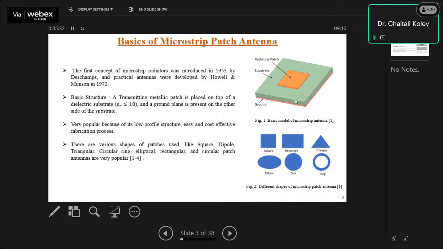The substrate is sandwiched between the radiating patch and the ground plane, and the substrate has some dielectric constant.